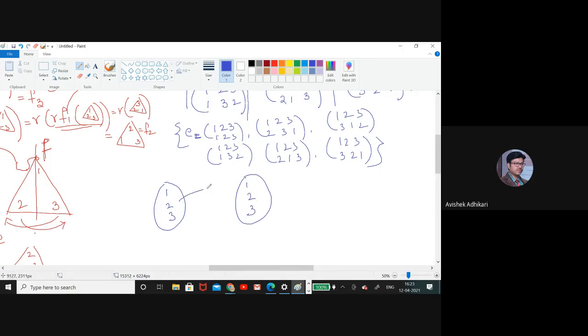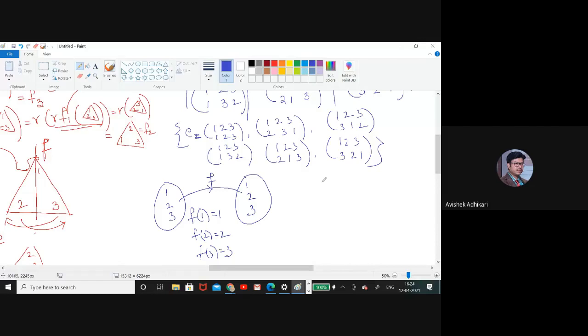If I write it as a function and call it f, then f is given by f1 equal to 1, f2 equal to 2, and f3 equal to 3. So this f is a bijective mapping, and we all know that a permutation is nothing but a bijective mapping. So E is nothing but a permutation.